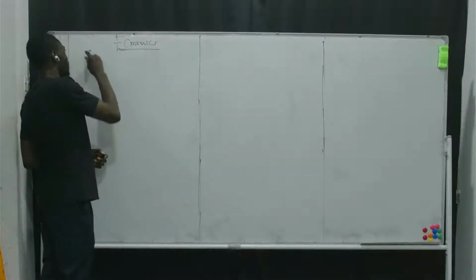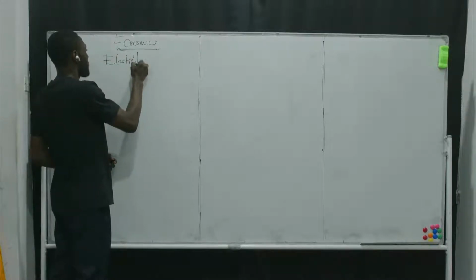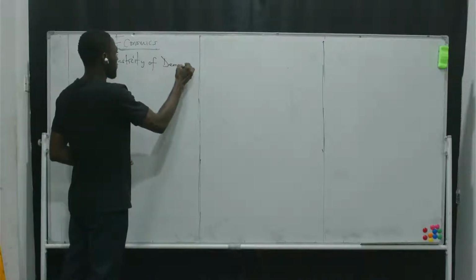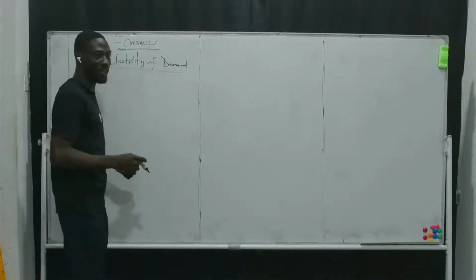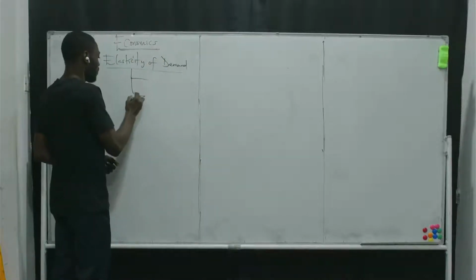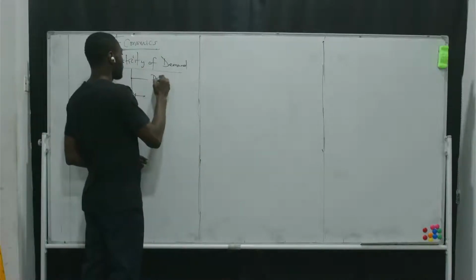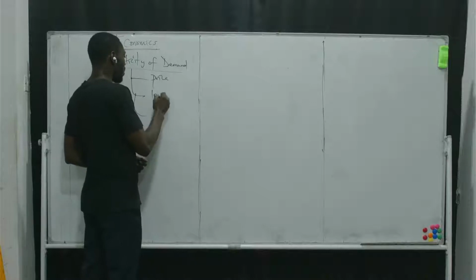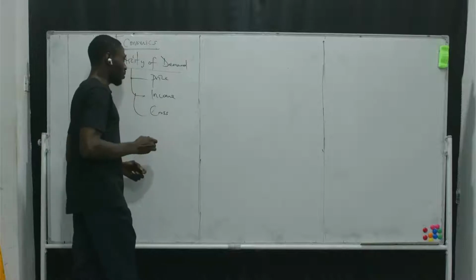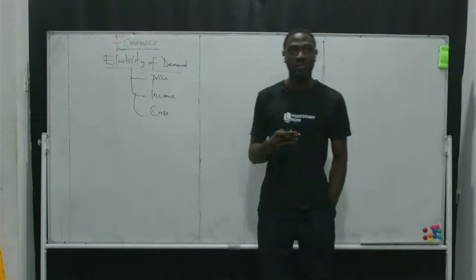Now, last week we discussed elasticity. We discussed elasticity of demand, and we said we have three types of elasticity, right? We have the price, we have the income, and we have the cross. So these are the three types of elasticity of demand.